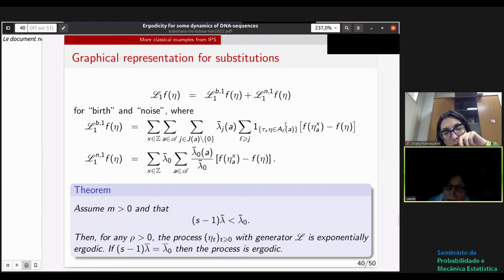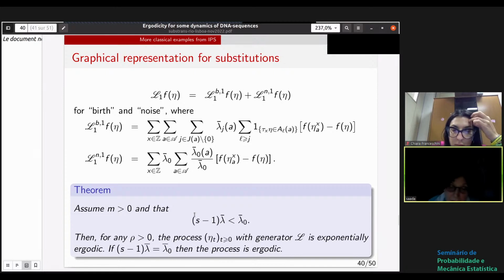And so here you see that to have a change, you need tau x eta to belong to this set A L of eta, as we saw on the array before. But here, okay, no condition. You become A at a rate lambda bar 0 A over lambda 0.